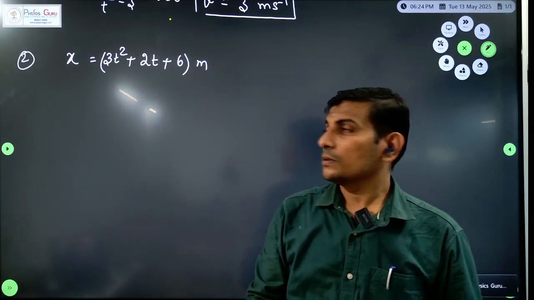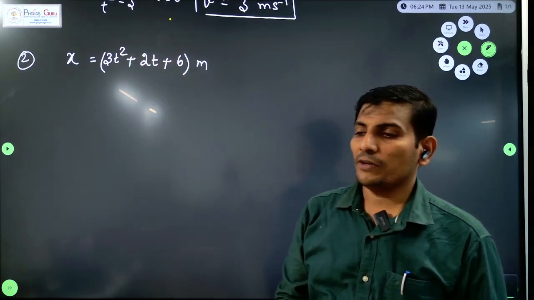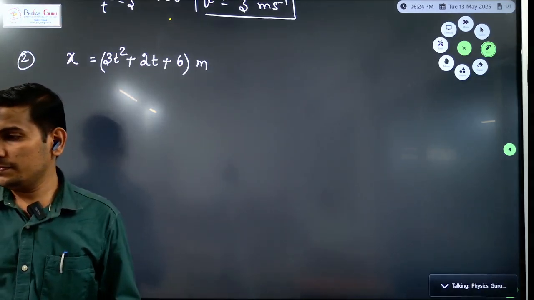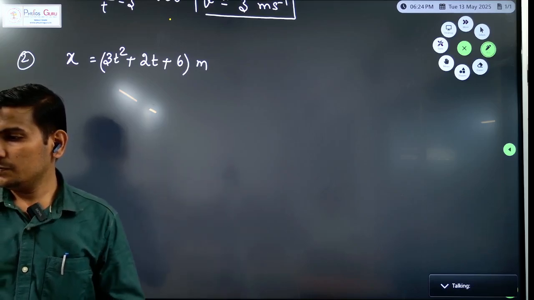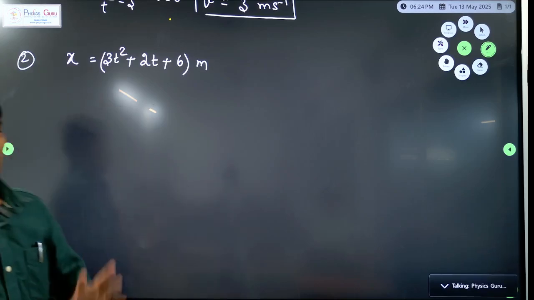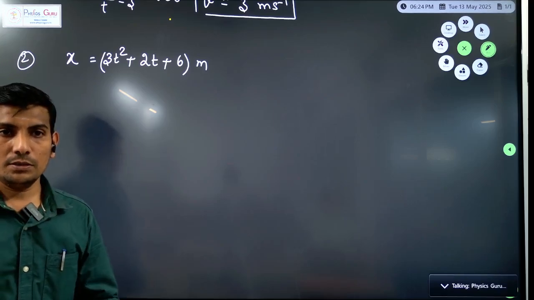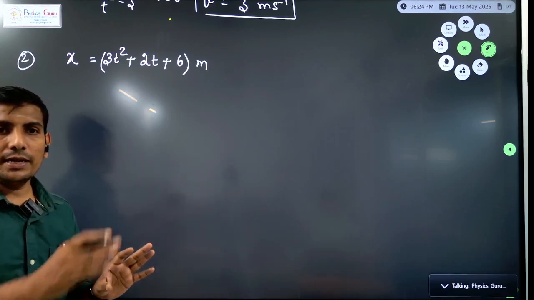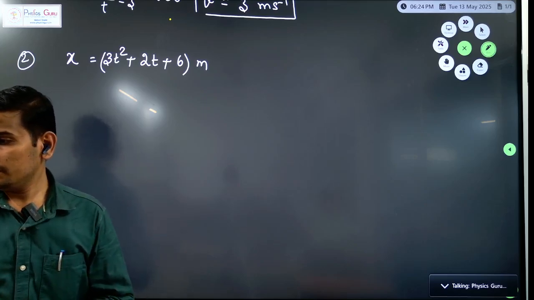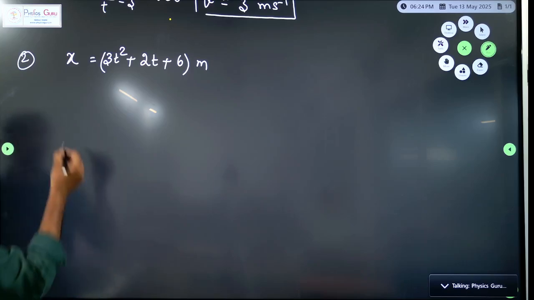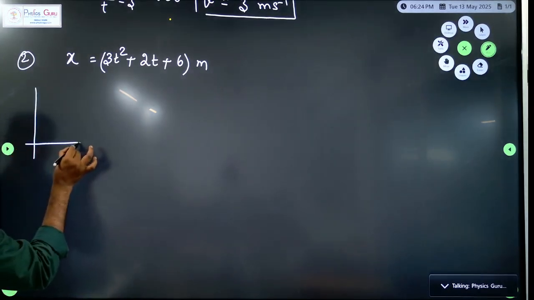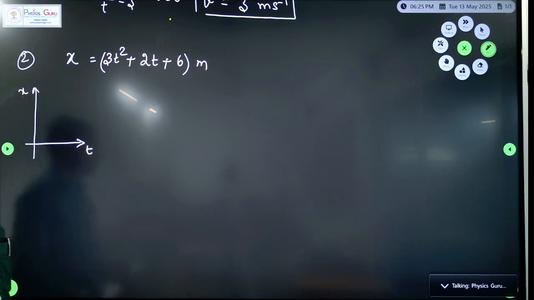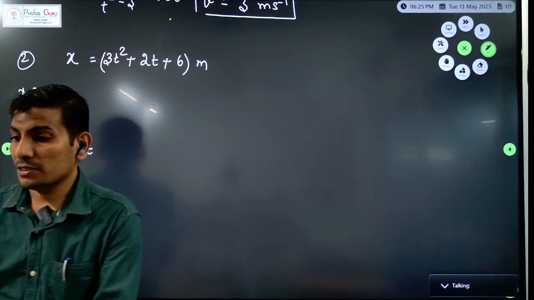Got it? Here I have an equation. Definitely this equation does not resemble y is equal to mx plus c. So as soon as I see this equation, I can be 100% sure that if I try to plot it as a graph, that graph will not be a straight line. If the graph of x versus t is not a straight line, then definitely velocity is not constant.